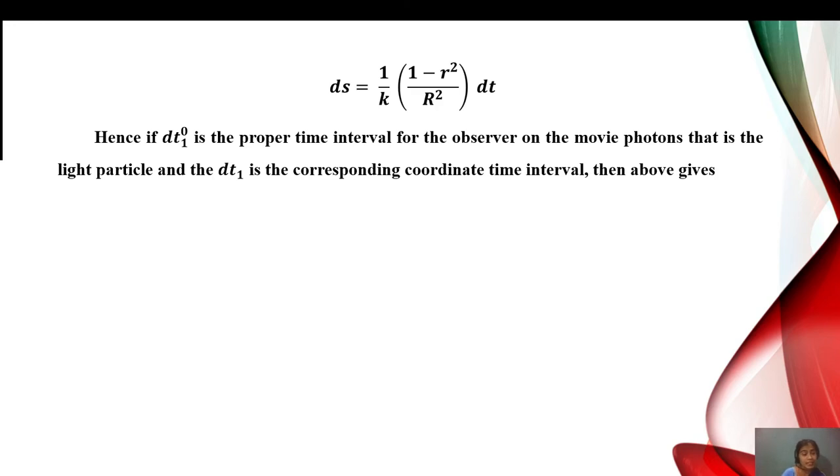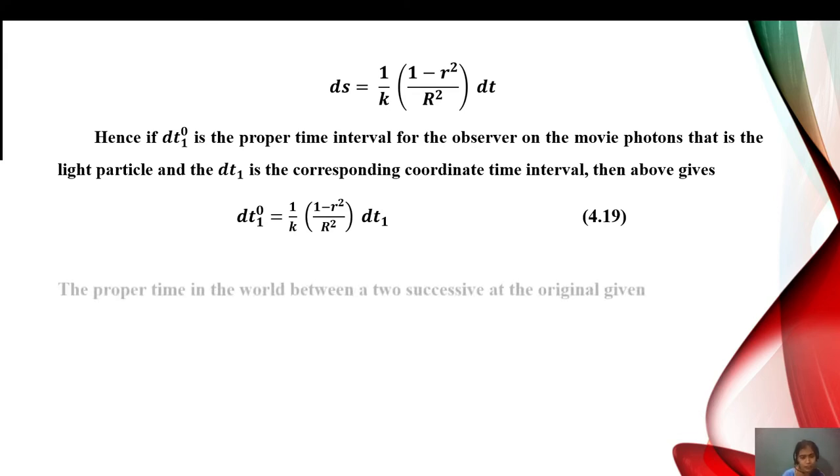Hence, if dt1 is the proper time interval of the observer moving photons, that is, the light particle, and dt1 is the corresponding coordinate time interval, then the above gives dt1 equals 1 by k times 1 minus r square upon capital R square dt1.